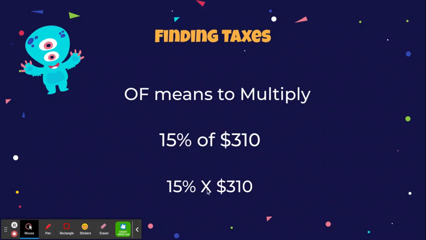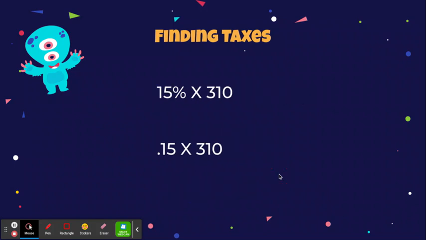15% times $310. Oh, but we can't really multiply a percent without making it a regular number. In fact, we're going to turn it into a decimal. So when we look at this here, 15% is the same as 0.15 or 15 hundredths, right?